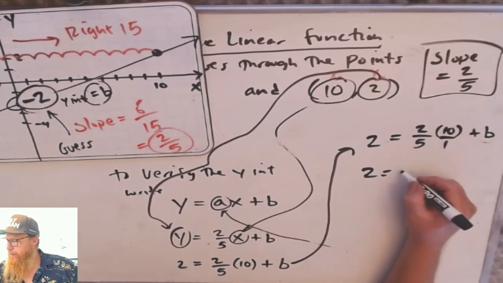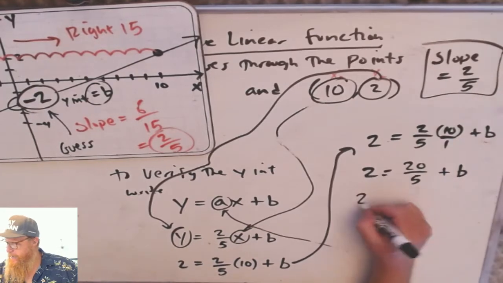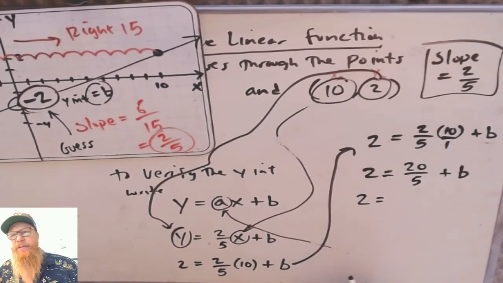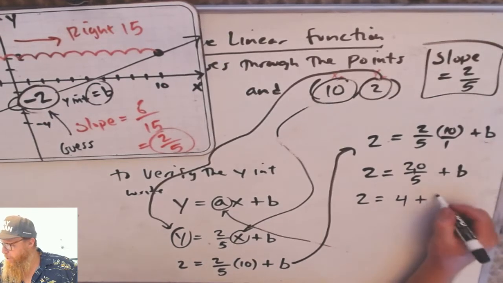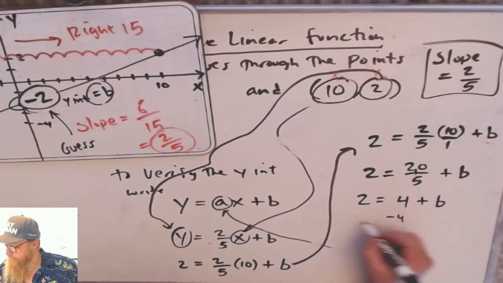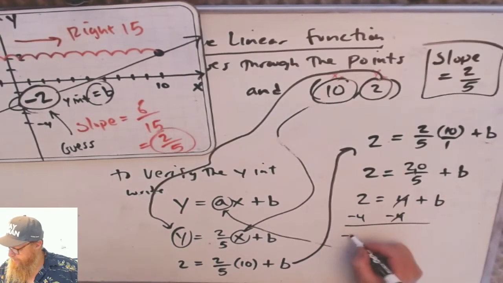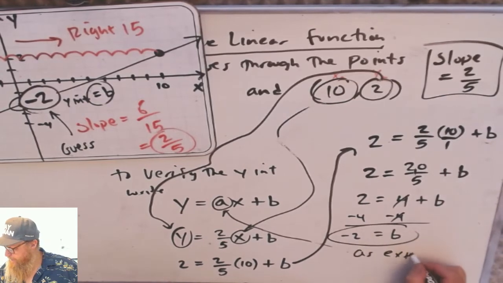Keep that in mind. So that's going to be 20/5 plus b. Yeah, 2 times 10 is 20. You're going to reduce that. It's going to be 4 plus b. Subtract 4. And we get negative 2 as expected.